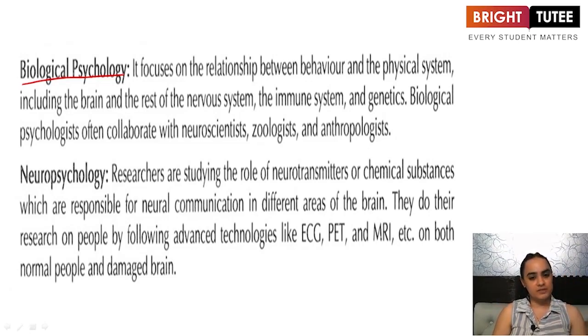So that branch of psychology is going to study the relationship between behavior as well as the physical system. When I talk about biology and the physical system, it talks about our brain, our nervous system, our immunity system, our genes. And therefore, this is going to establish a relationship between what is there inside us in terms of our body, our physiology, and our behavior.